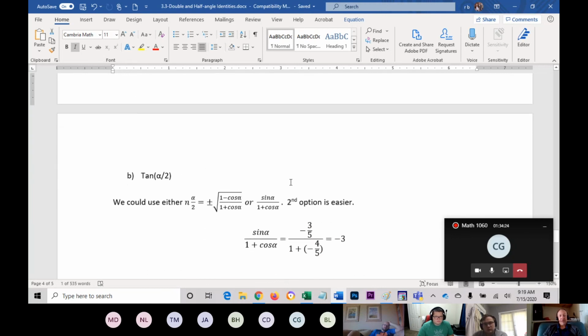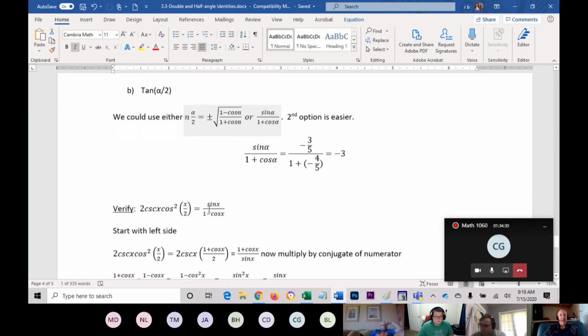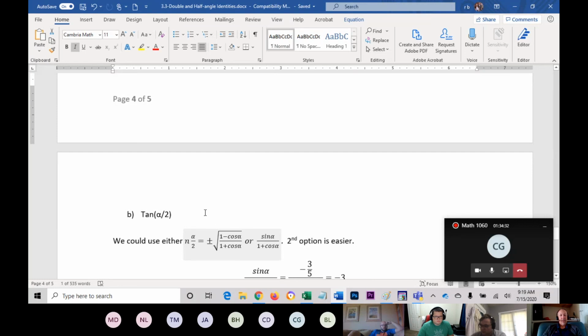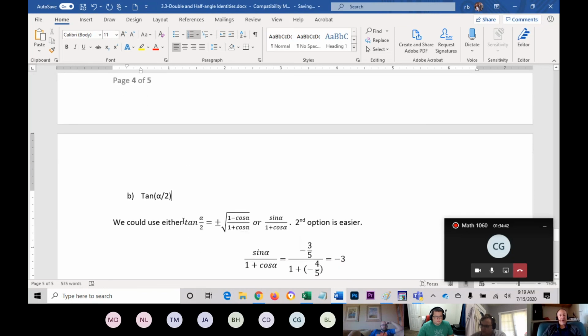The tangent of alpha over 2. Oh, we're almost done. I think that's supposed to say tangent. Okay, so the tangent of alpha over 2.